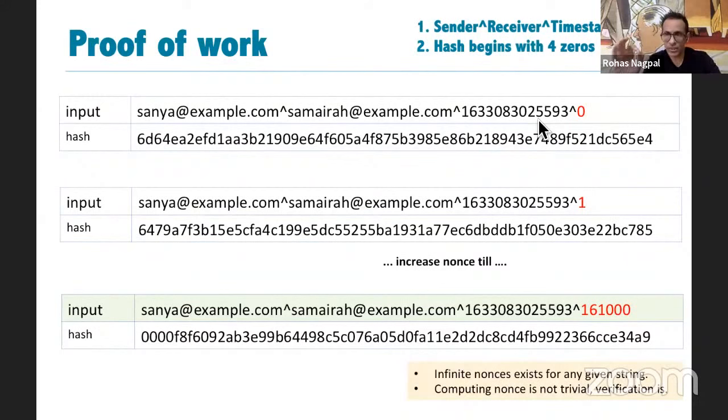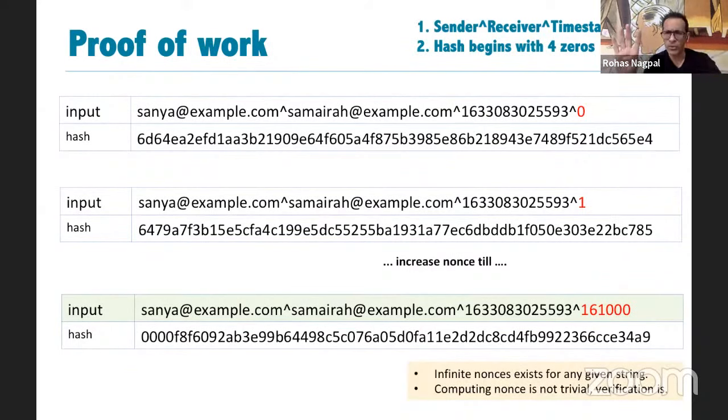But the logic is when all these 4 things, the sender's email, the receiver's email, the timestamp, and this nonce, are all put together, and of course in the middle we have this small delimiter, this triangle looking sign which separates these, and this entire string is passed through the hash function, the resulting hash should begin with 4 zeros.